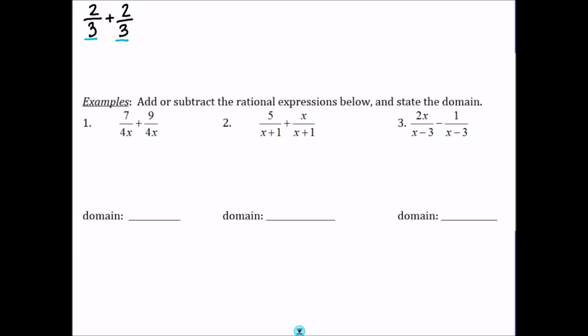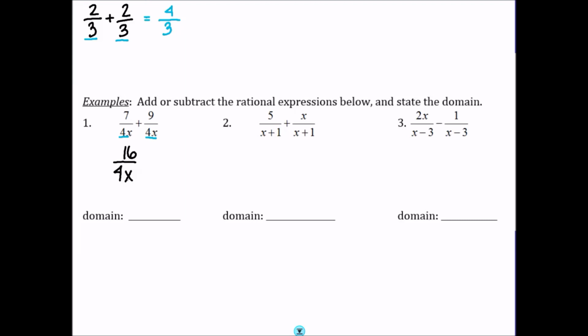So all I do is add the numerators together and keep the denominator the same. It's the same thing when you have rational expressions. In example number 1, we have the same denominator. So all we need to do is add the numerators together and leave the denominator the same.